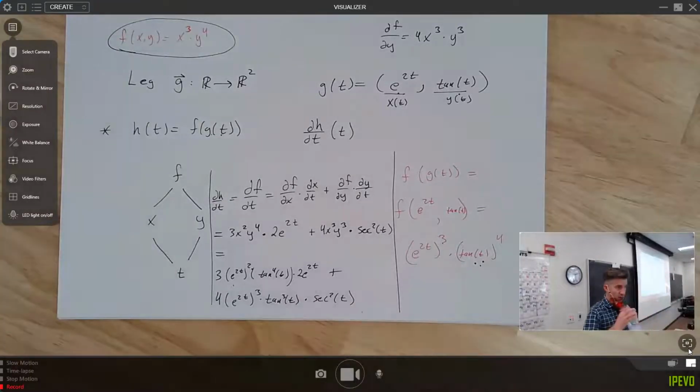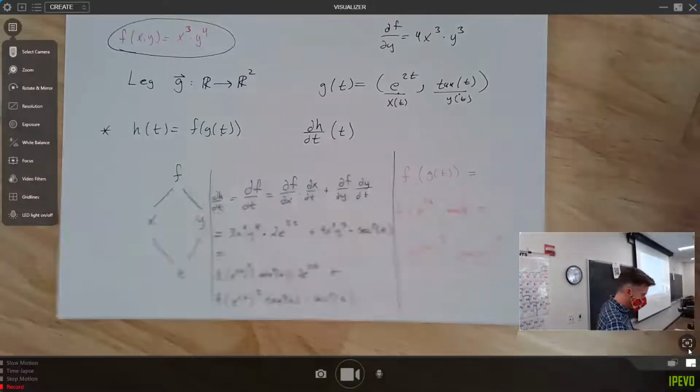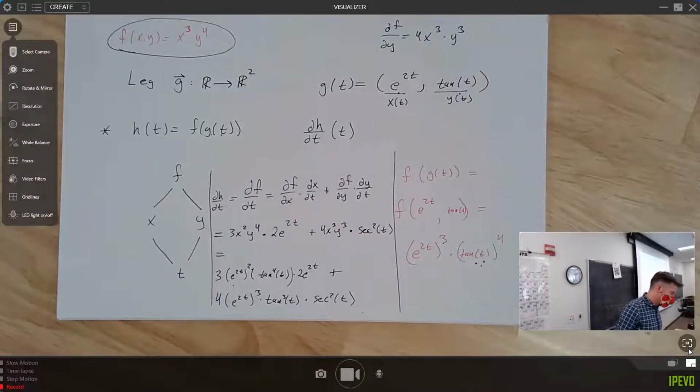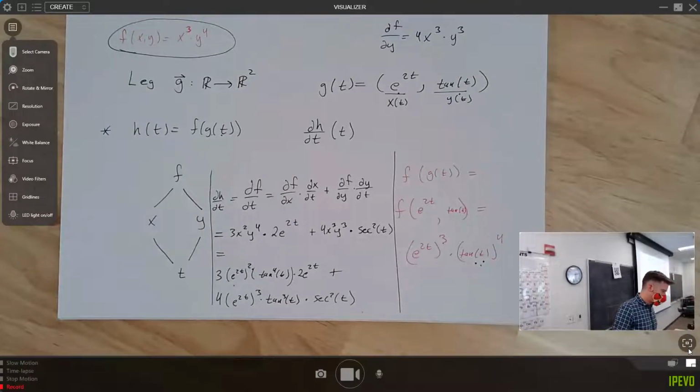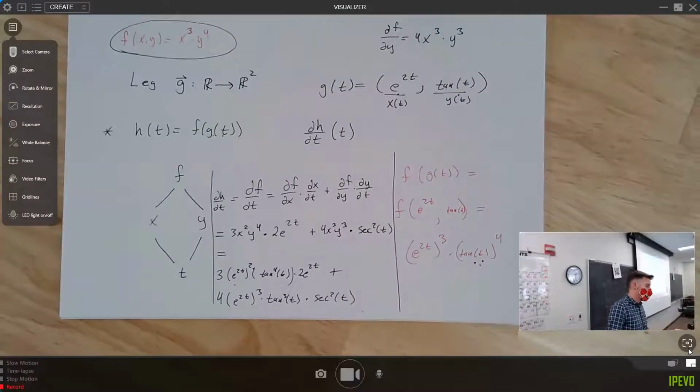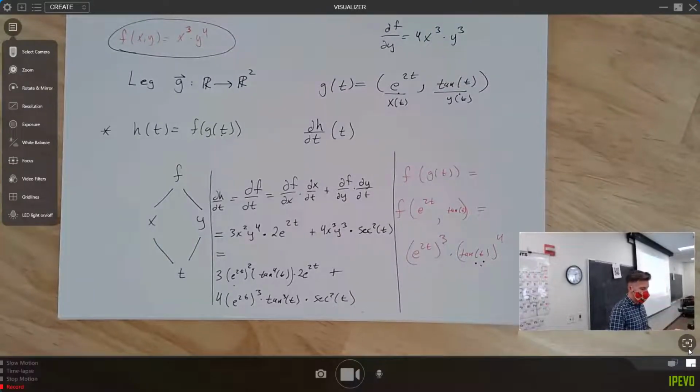What was the purpose of h of t? That's a good question. I don't know, because I would have just written it. I guess the purpose there is that it's not maybe correct to just write f as a function of t, because it's not. It's a function of x and y, which are then functions of t.